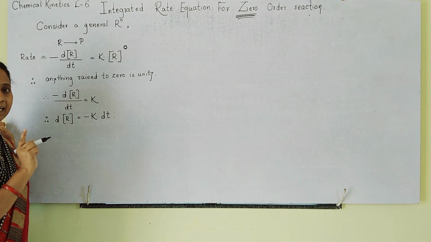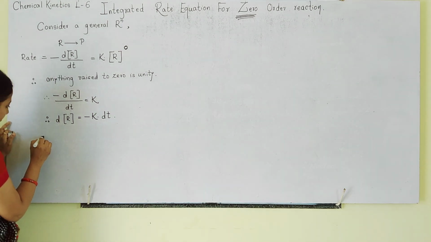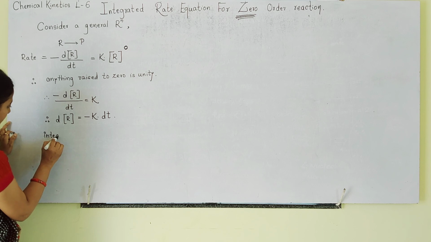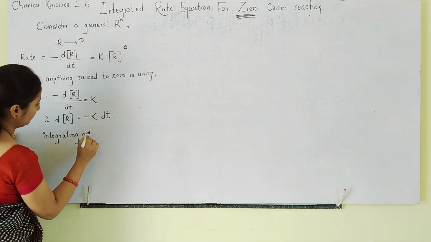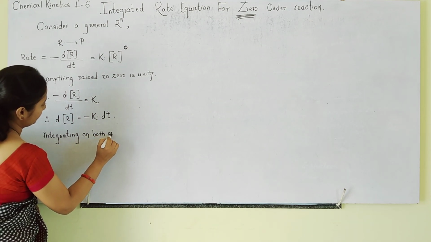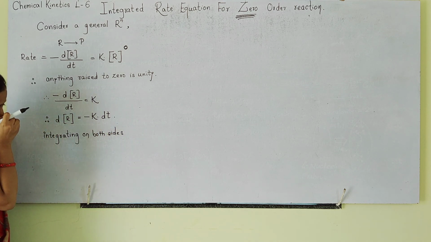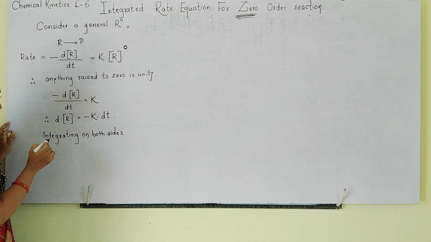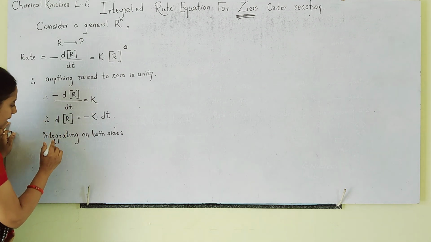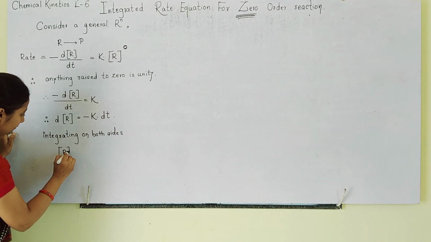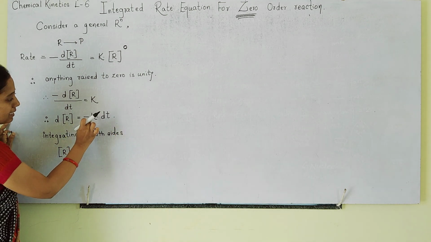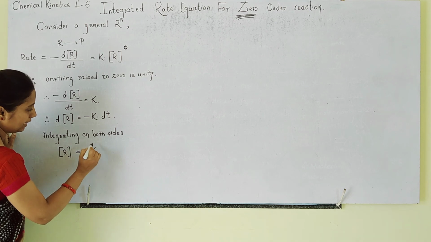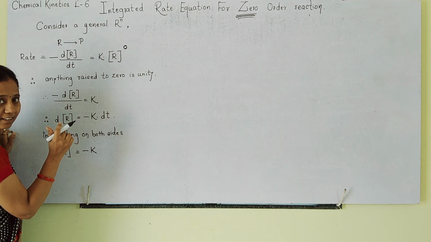Next, integrating on both sides. Do the integration, students. Integration of d[R], what is the answer? Integration and derivation cancel, so what is left? [R] is equal to the integration of minus k dt. What is constant? Minus k. Integration of dt is t.